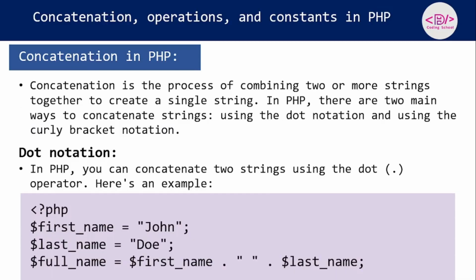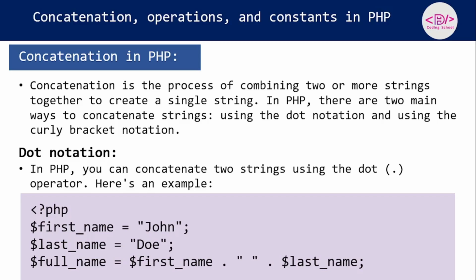So the last concept we are going to see in this video is concatenation. What is concatenation? Concatenation is the process of combining two or more strings together to create a single string.